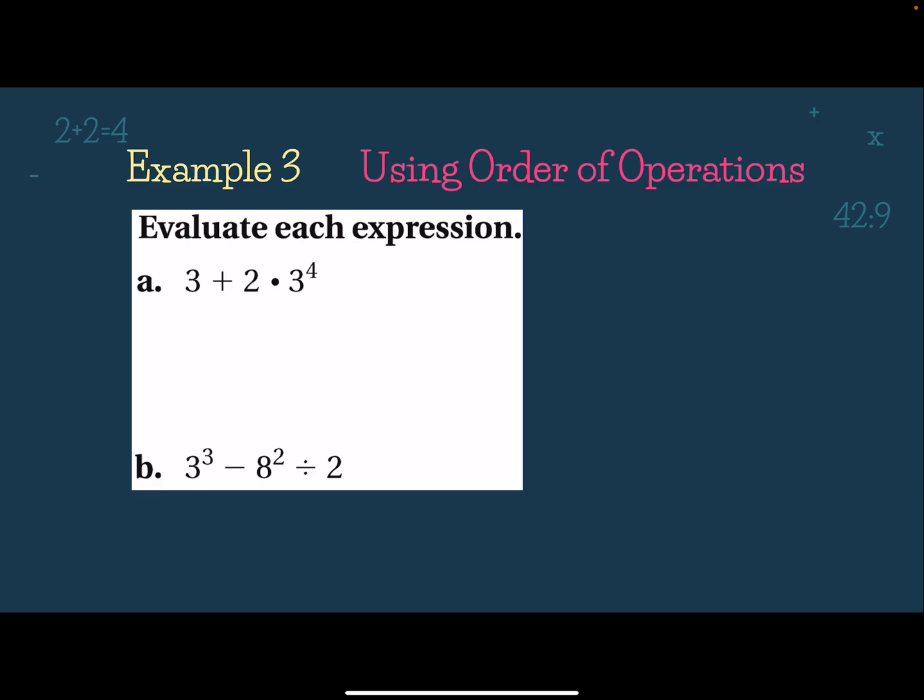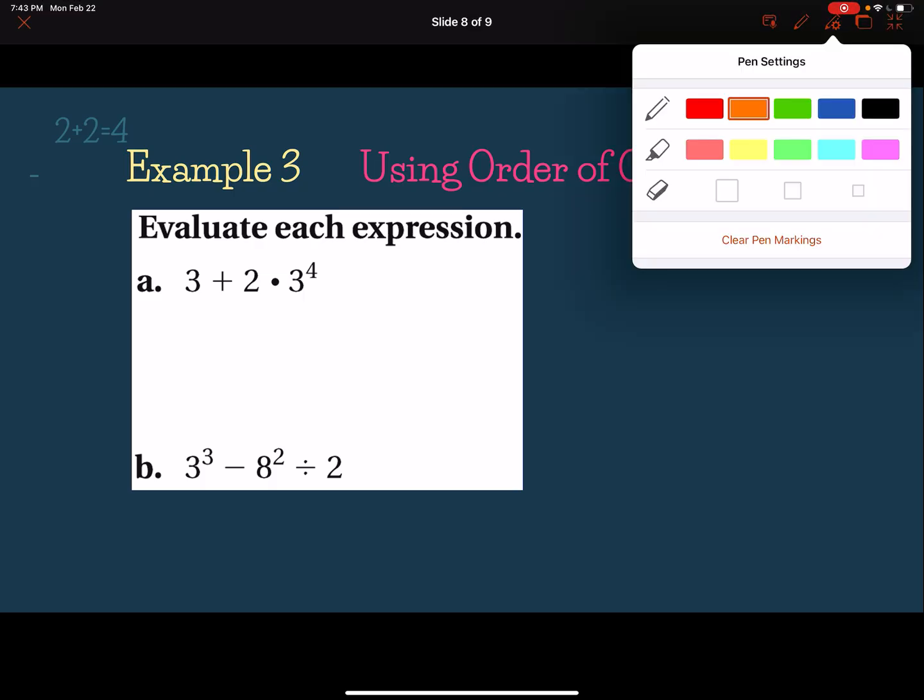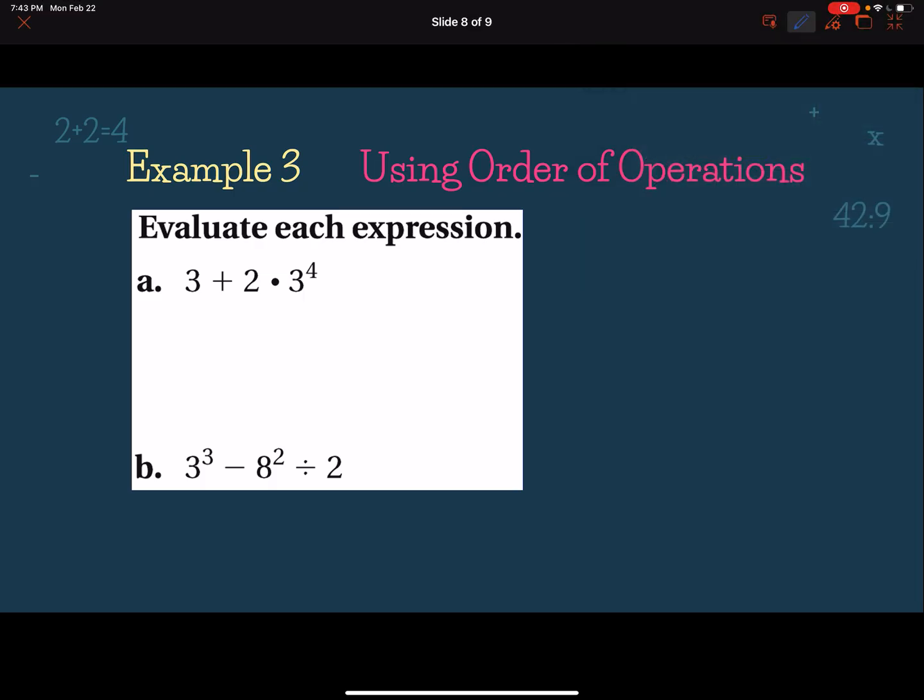Okay, example 3, using the order of operations with your exponents. And you can, again, use your calculator. So make sure you have that handy. And if you'll think about our order of operations, that's the order that we're going to follow. Now you're going to put it probably directly into your calculator, and your calculator is going to do that work for you. If we were using paper and pencil here, we would evaluate the power first.